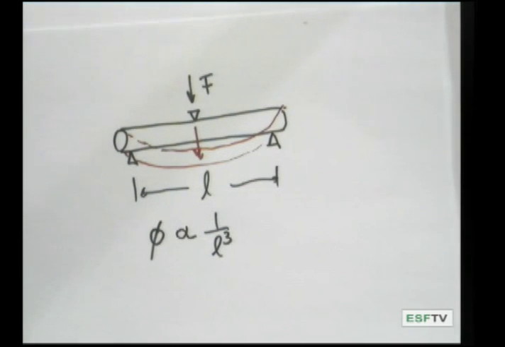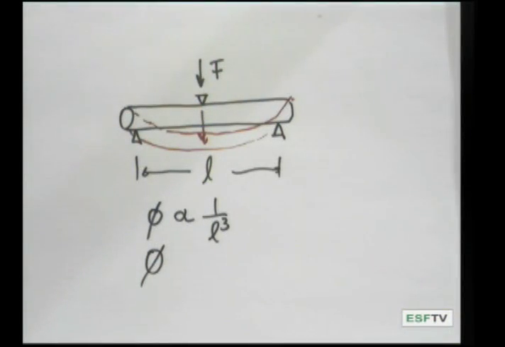Okay, now clearly the Young's modulus of elasticity is going to have a role here as well. It seems quite intuitively obvious that the more compliant a material, the less stiff it's going to be, and the greater the Young's modulus, the stiffer it's going to be.